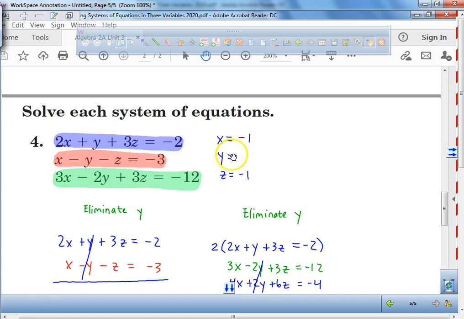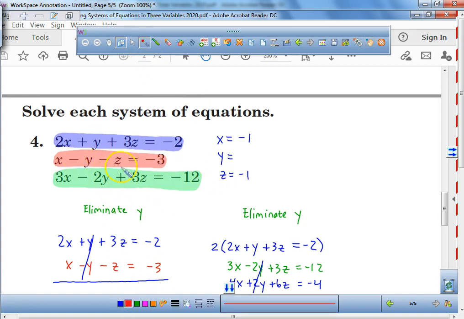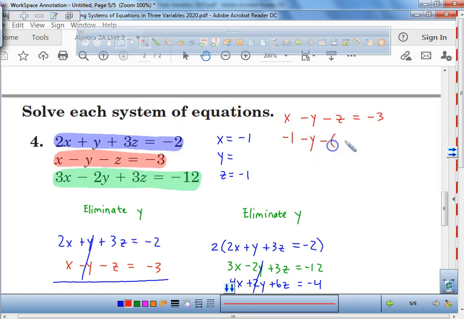All right. Now, do you guys see this middle equation right here? The red one. Check this out. What is x equal to? -1. So I'm plugging in a what? So guys, if you're not sure what I'm doing, I put x minus y minus z equals what? -3. So what am I plugging in for x? -1 minus y minus open parentheses.